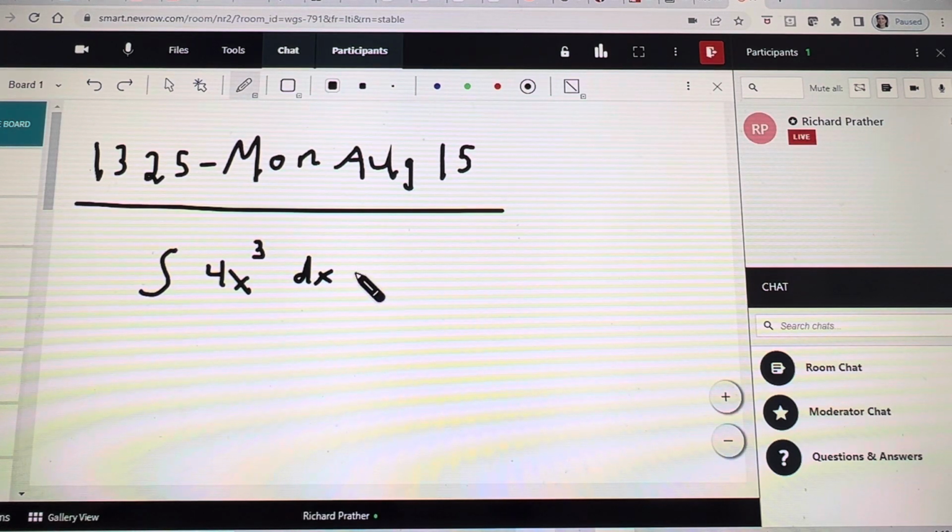So the antiderivative of that, you increase the exponent by 1 and then divide by that new exponent and then plus c. And the 4s would cancel out in this case. So the answer, if you were doing section 7.1 or 7.2 or 7.3, would be x to the 4th plus c.